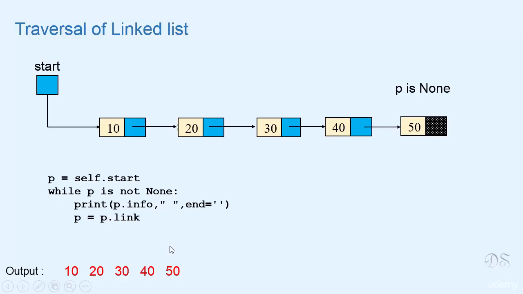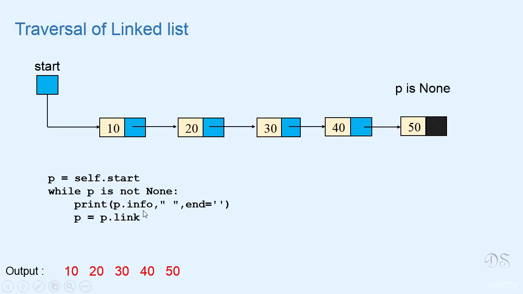When P becomes None, this loop will terminate. In each iteration, we are printing the value of P.info and we are moving P forward by assigning P.link to P.